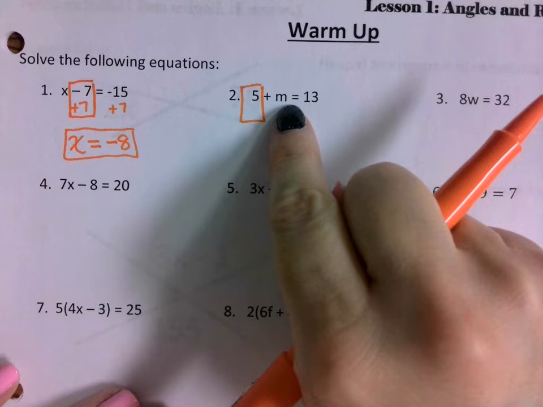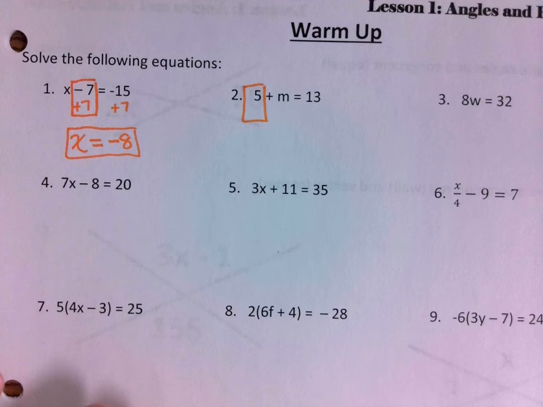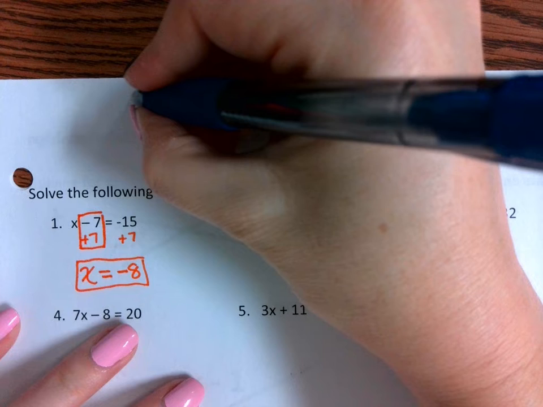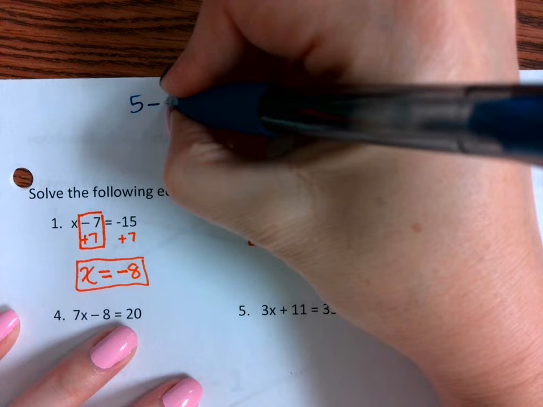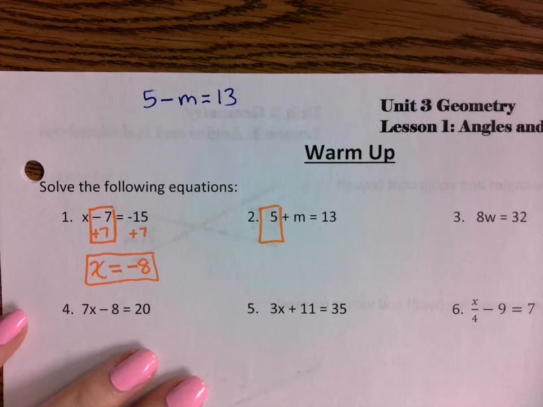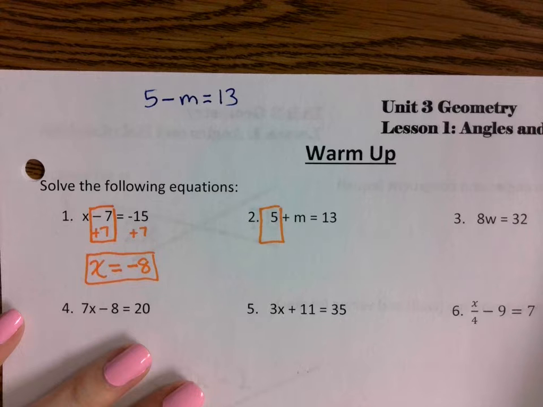So here, the biggest mistake, and I'm going to write this up at the top, biggest mistake I see kids make all the time is when they see 5 minus m is equal to 13, what do you think they automatically want to do? They're like, oh, we're going to add 5 to both sides. But if I add 5 with 5, is that going to get rid of the 5 here? No, 5 plus 5 is going to be 10.